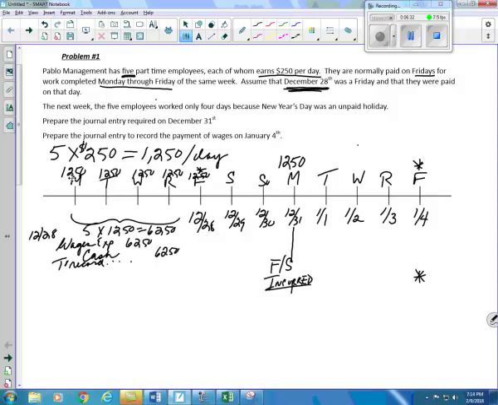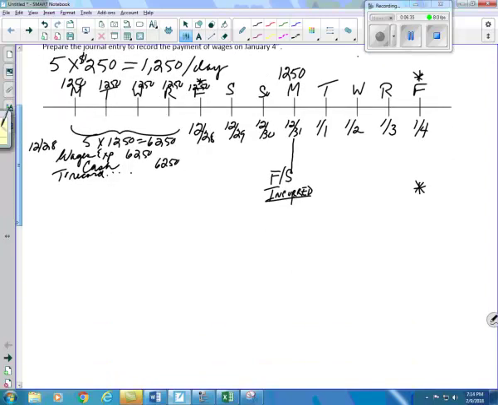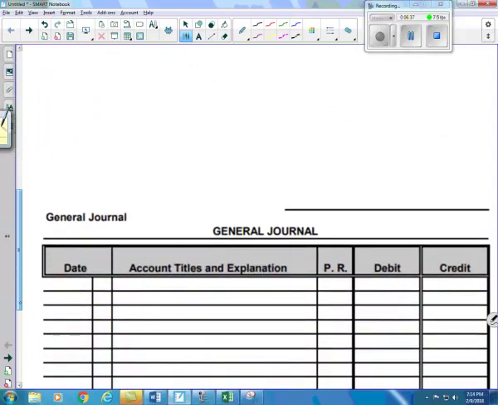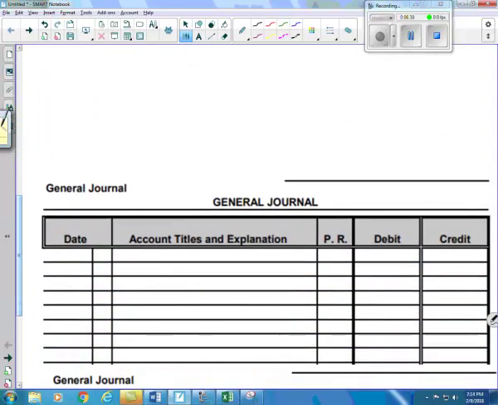So I'm going to come down here. I have a journal entry, a place to do those. On 12/31, we have to record an adjusting journal entry. We have one day's worth of work that our employees have worked, so we have an expense as of 12/31, one day at $1,250.